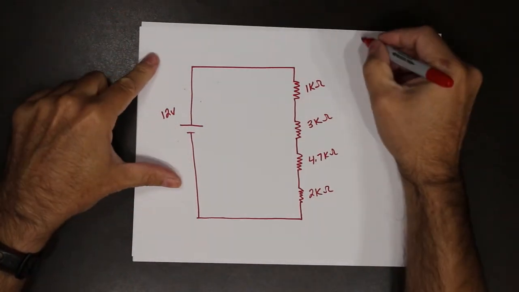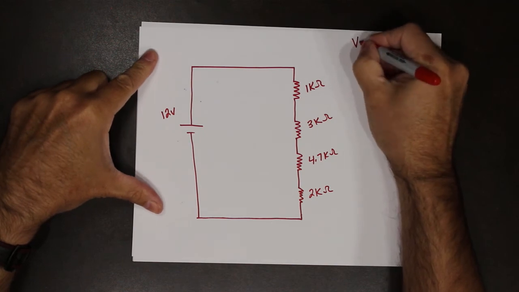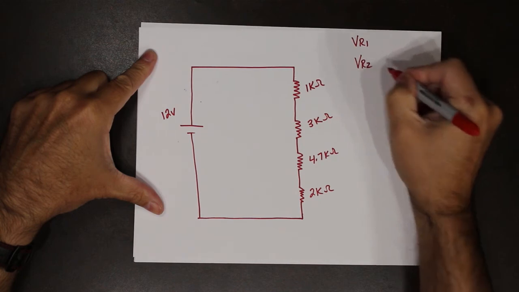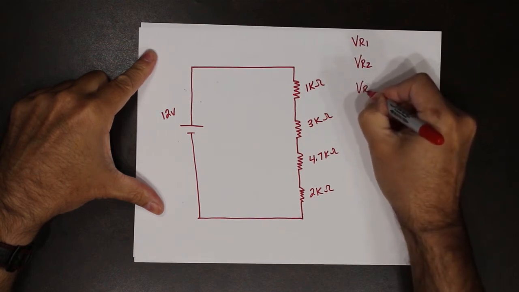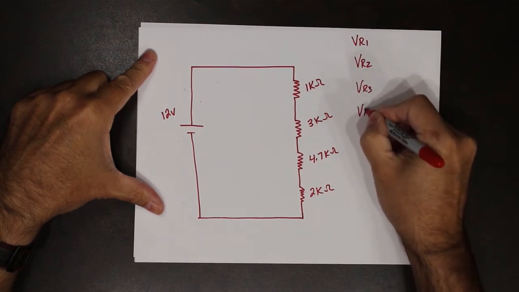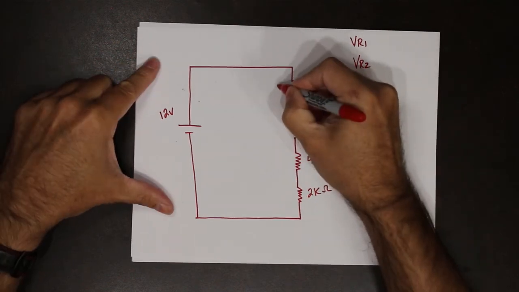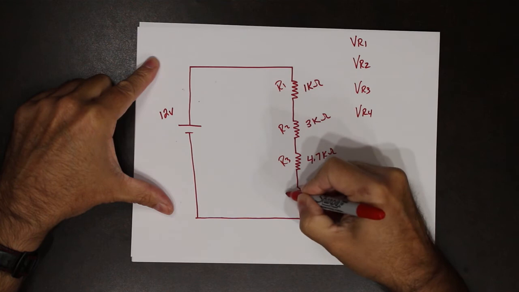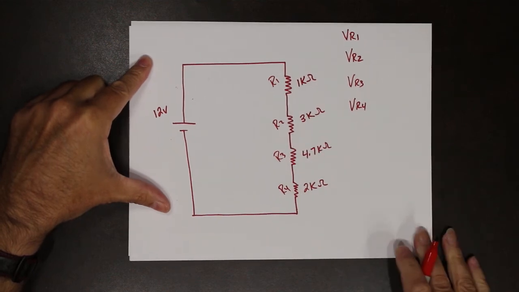So what we want to solve for is the voltage across R1, the voltage across R2, the voltage across R3, and the voltage across R4. So here's R1, R2, R3, and R4.